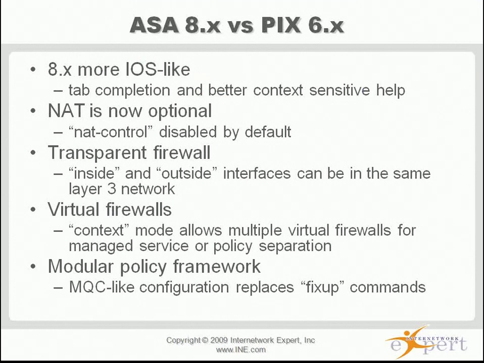For the scope of the ASA, the older version of the PIX had what was called a fix-up command. A fix-up command for a different protocol looks at specific items for those particular protocols. One example in an earlier version of the PIX was the fix-up for SMTP.